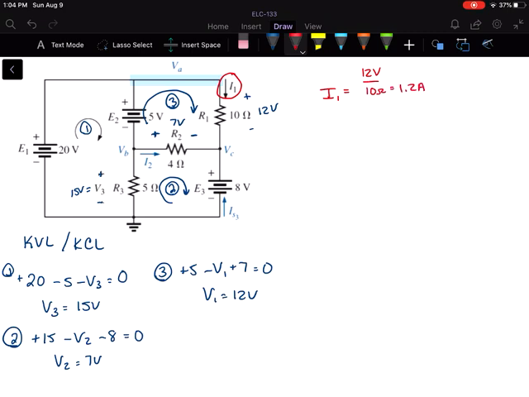So that has to be 1.2 amps. So I'm going to draw that in, 1.2 amperes. Let's look for I2. This is R2. So that would have to be the voltage drop across R2 divided by R2. And that's 1.75 amperes.